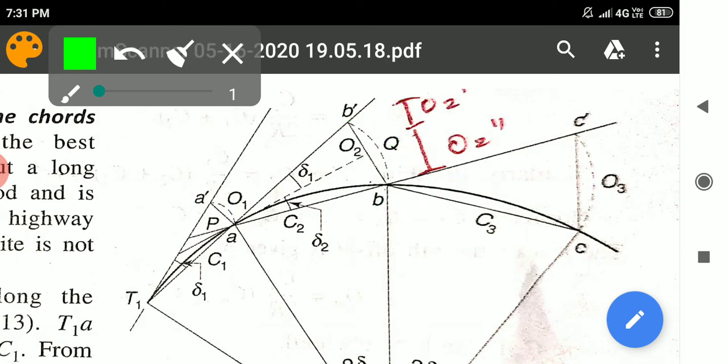Further, if I solve this, B dash Q equals O2 dash, and QB equals O2 double dash.